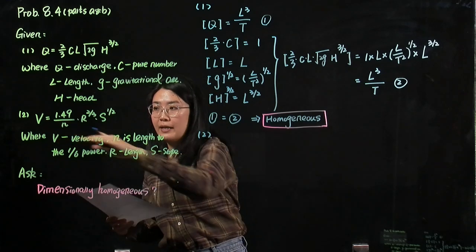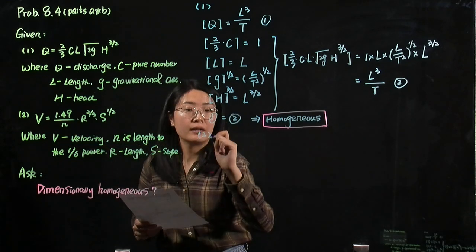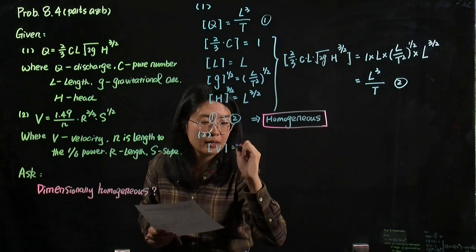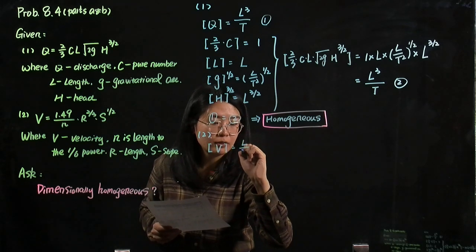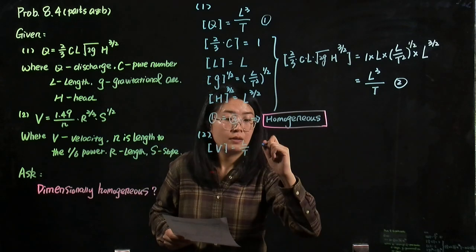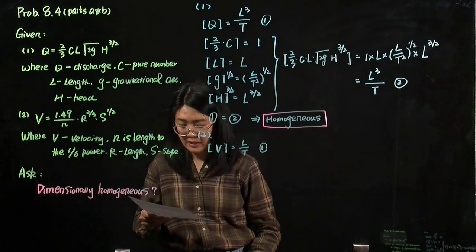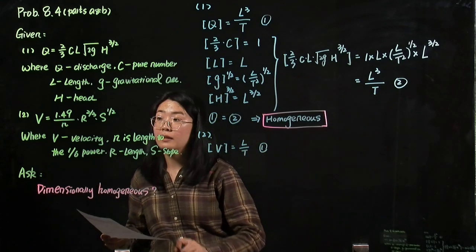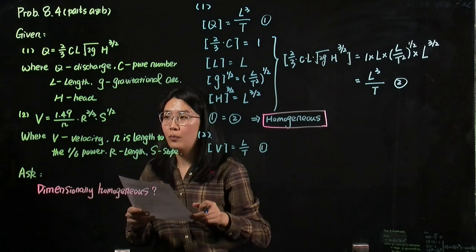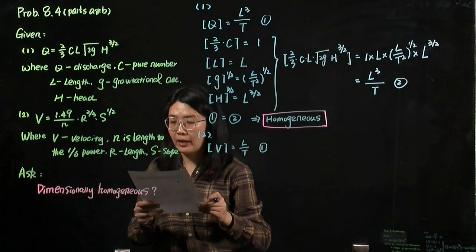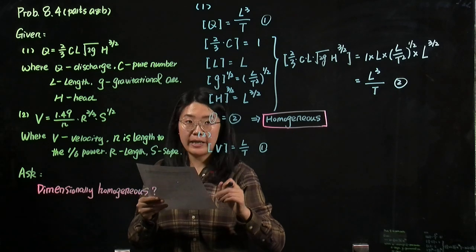On the left-hand side is velocity, right? So the dimension of velocity is L over T. We call it equation 1. And on the right-hand side, it is 1.49, which is a pure number. Its dimension is 1, so we ignore it.